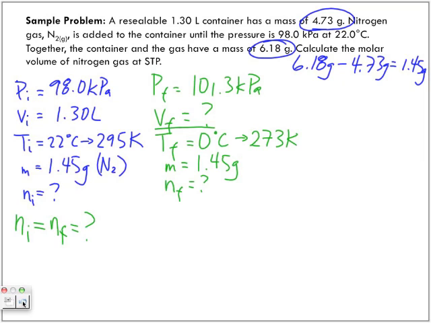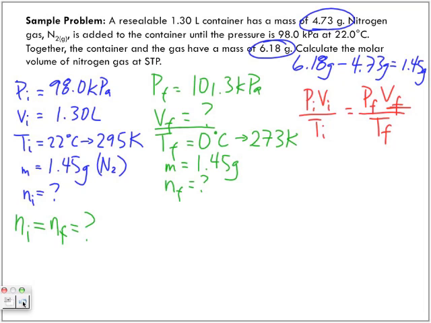So if we look at our calculations, what we have is the following. We've got the initial pressure. We're looking at combining the gas laws from previous class. So our initial pressure, volume, temperature is equal to our final pressure, volume, temperature. But we're trying to find the final volume.